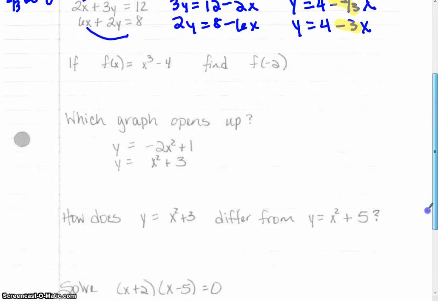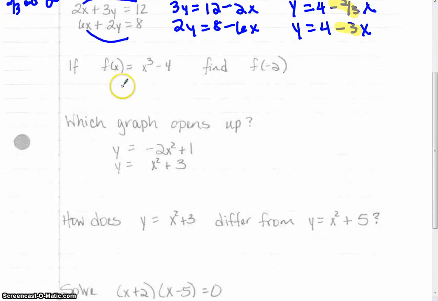If they give you an equation, f of x equals x to the third minus 4, and they want you to find f of negative 2, they want you to put negative 2 in for x. My suggestion is to put all of this in y1 and go to your table and find where x is negative 2.